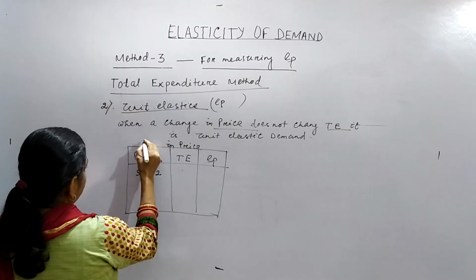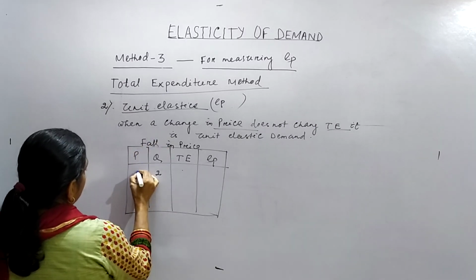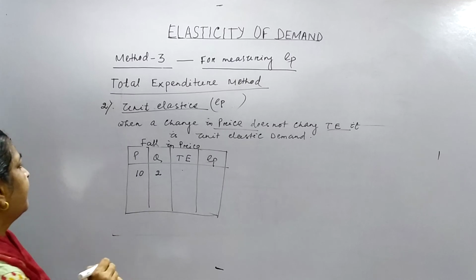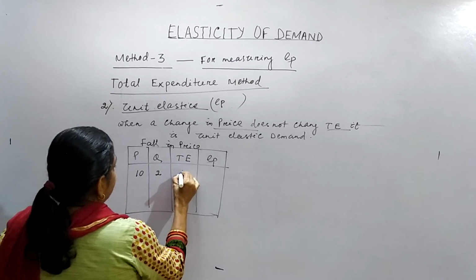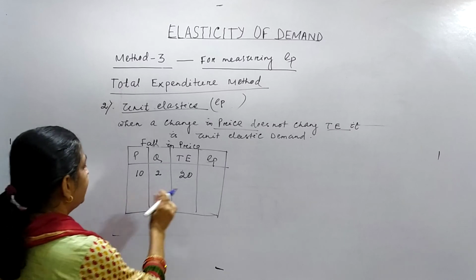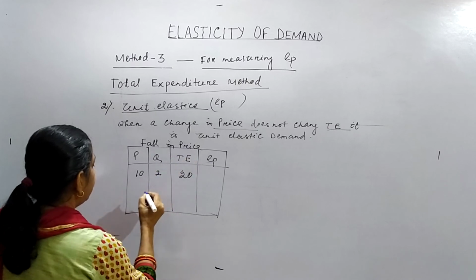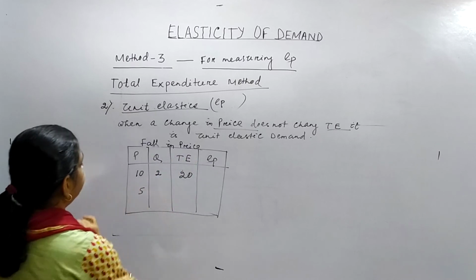Always we have first started with fall in price. Fall in price. Total expenditure is 20. Price 10, quantity 2, total expenditure is 20. Price falls. This is the fall in price case to 5.